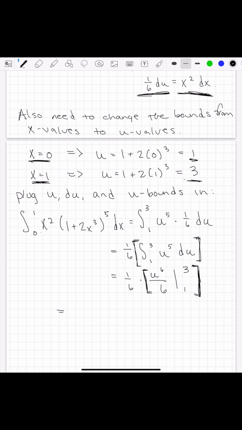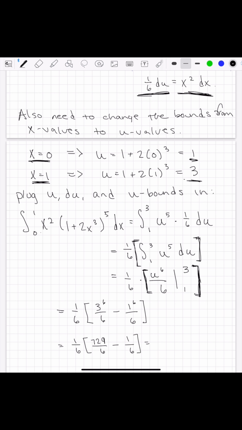So this is going to become 1/6 times: I plug in 3, so I get 3 to the 6 over 6, minus, now I plug in 1 to the 6 over 6. 3 to the 6 is 729 over 6, minus 1 to the 6 is just 1 over 6.